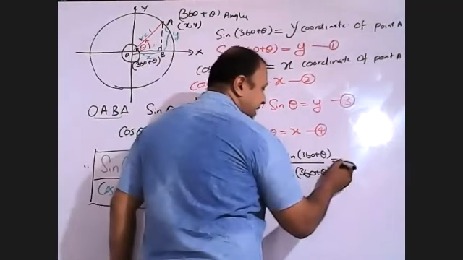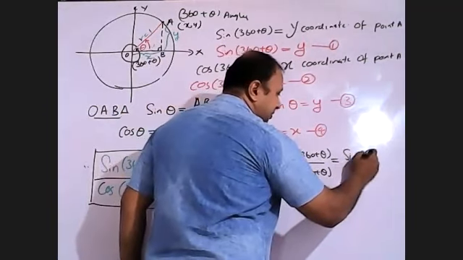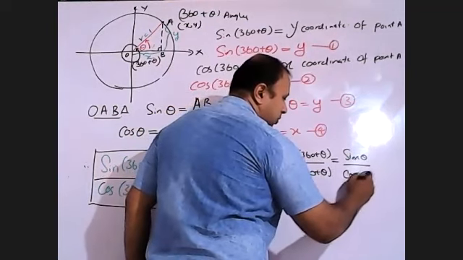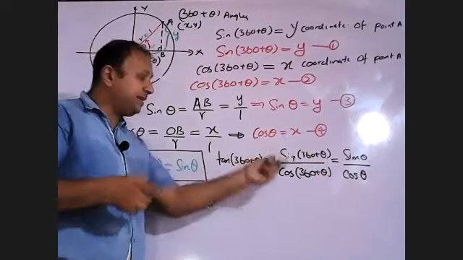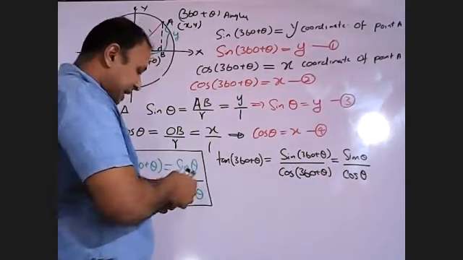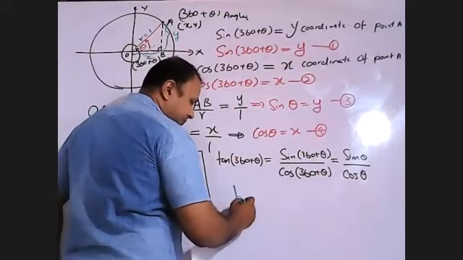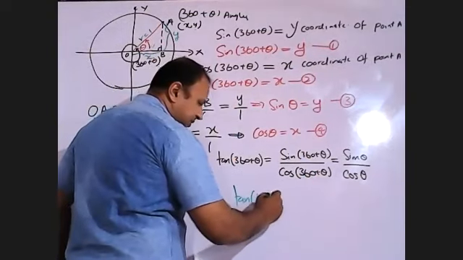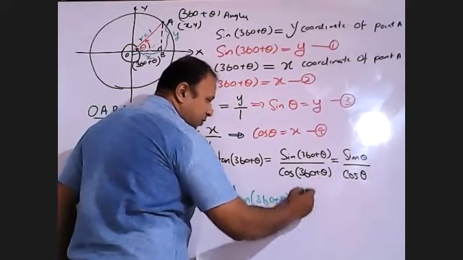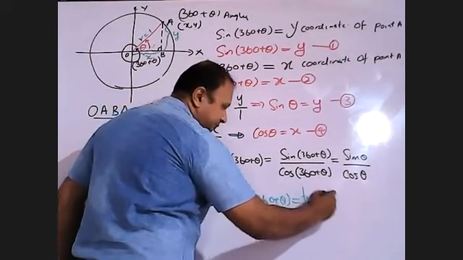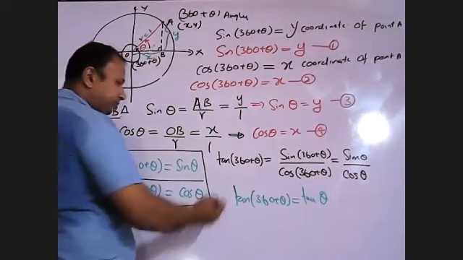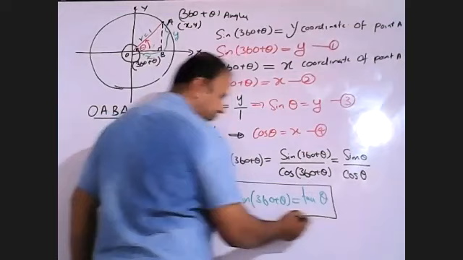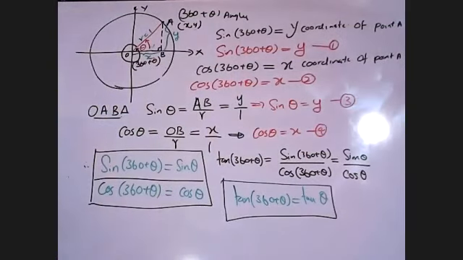So I can write it as sine theta over cos theta, which is equal to tan theta. Therefore, tan 360 plus theta is equal to tan theta. Okay. We write this.